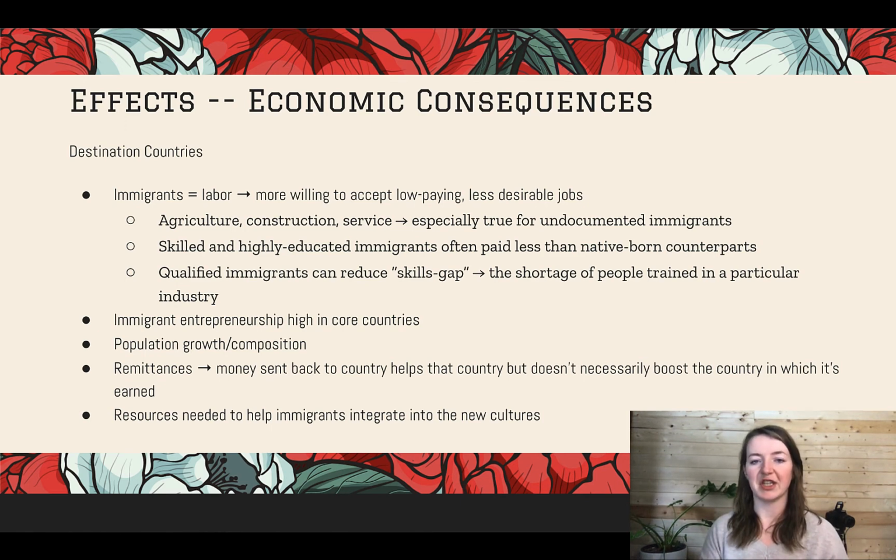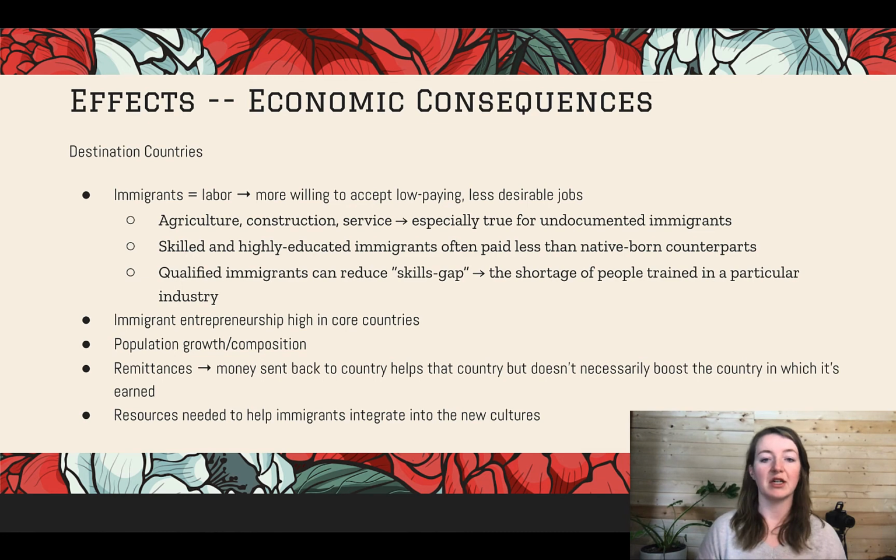It can also change that composition piece where instead of having so many of the native-born population in an area, we start having more diversity introduced into it. Another thing we see with the economic aspect of immigration is something called remittances. So remittances are money sent back home. And there's some positives and negatives here.